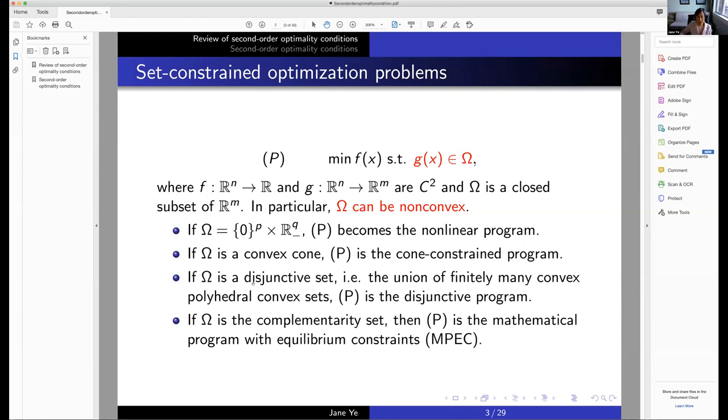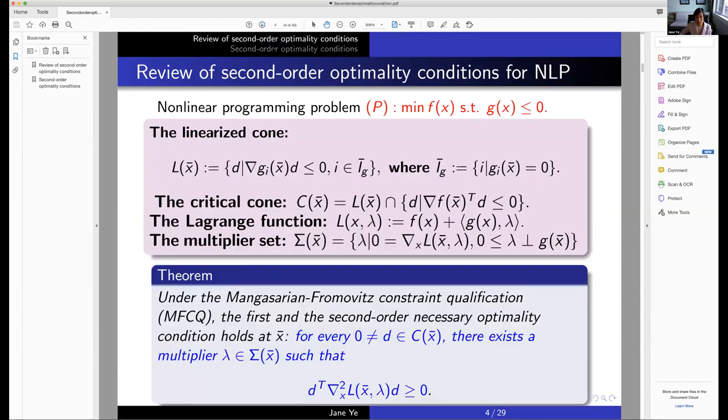If omega is a disjunctive set, which means it is the union of finitely many polyhedral convex sets, then this is a disjunctive program. If omega is the complementarity set, then it is a mathematical program with equilibrium constraints, or so-called MPEC. So this problem setting is very general.